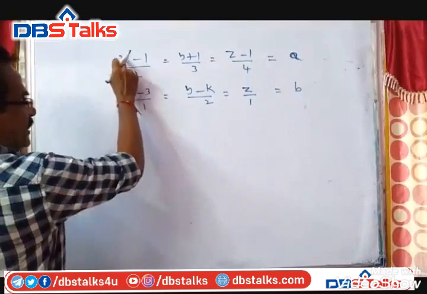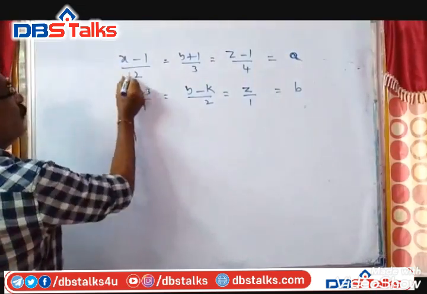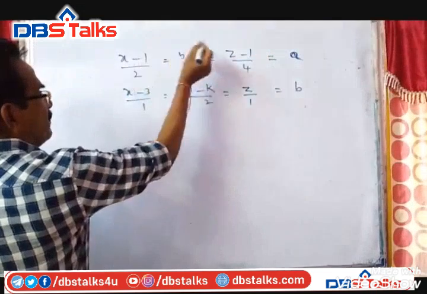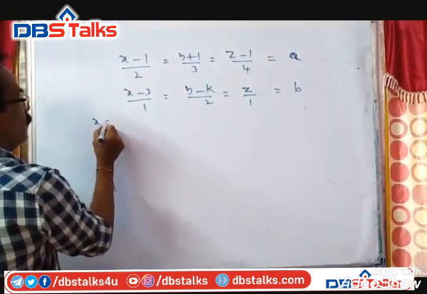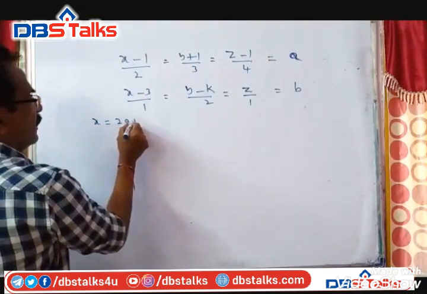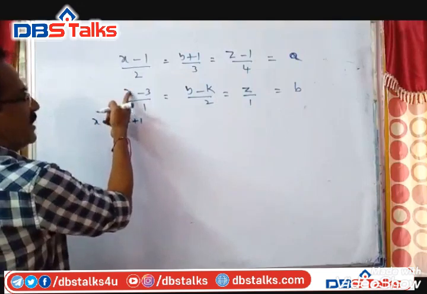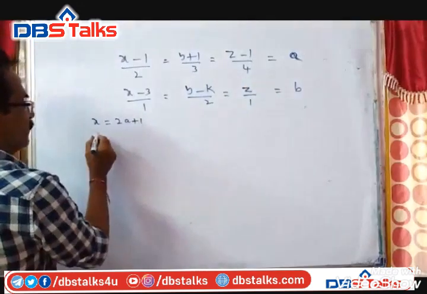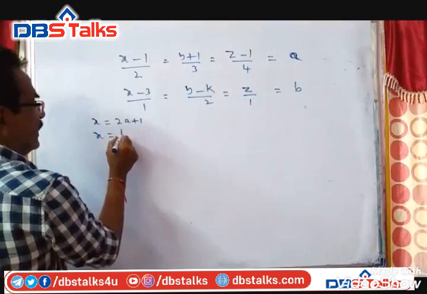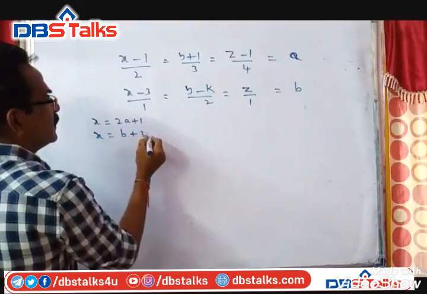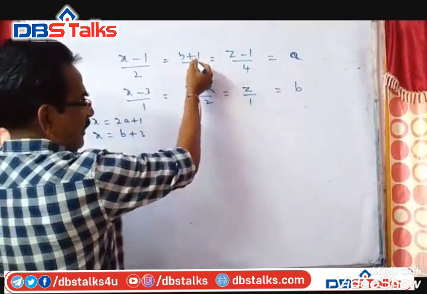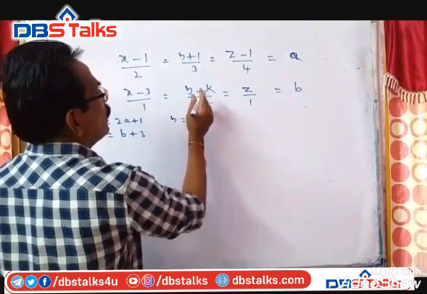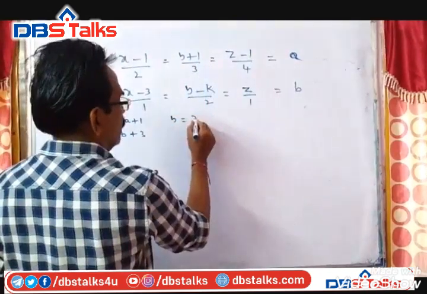From this equation, x is equal to 2a plus 1. From this equation, x is equal to b plus 3. From this equation, y is equal to 3a minus 1.